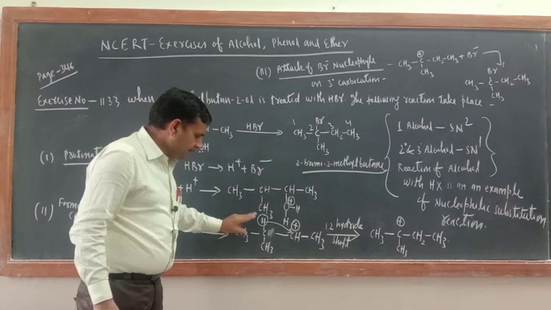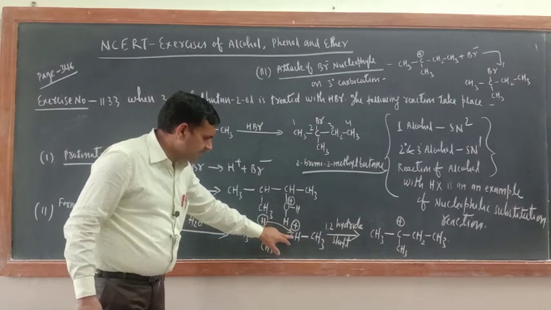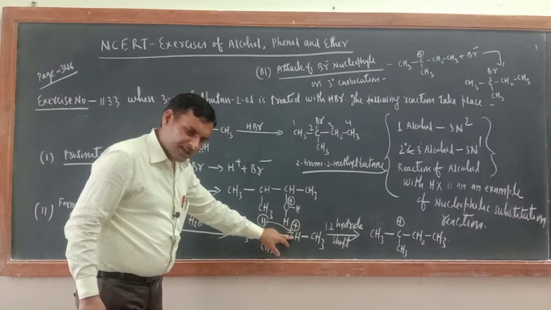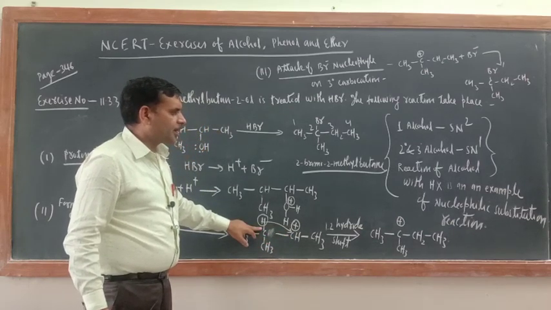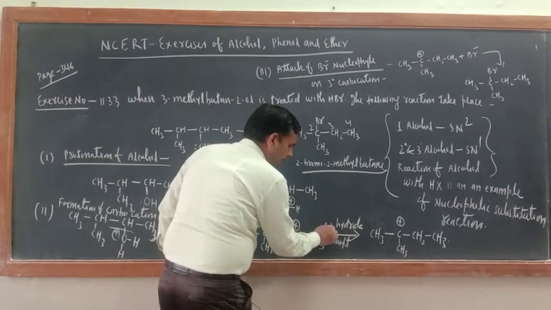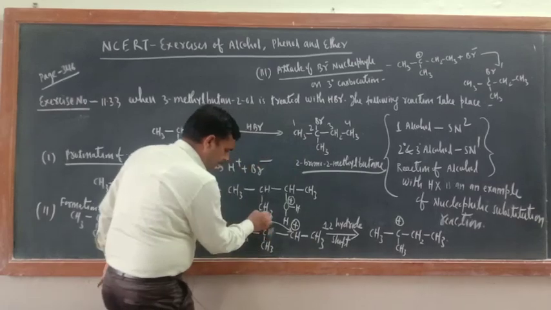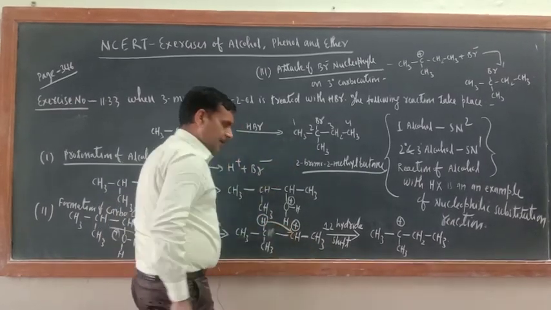Now there is a possibility that if from this carbon atom this hydrogen is shifted here, then the positive charge will come here and a 3 degree carbocation will be generated. This is known as 1,2 hydride shift, meaning shifting this proton from here to here so that you can get the 3 degree.